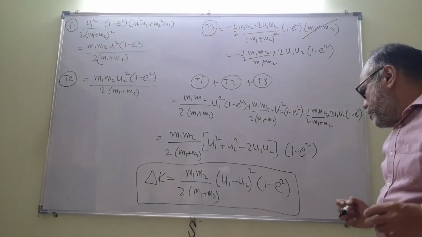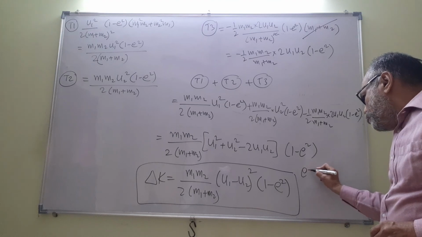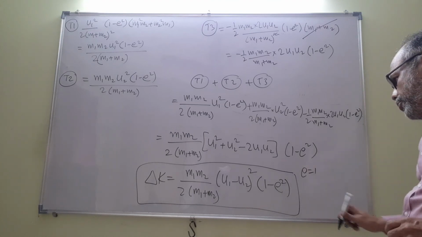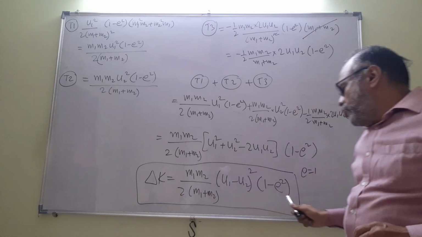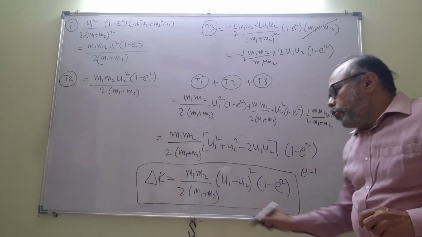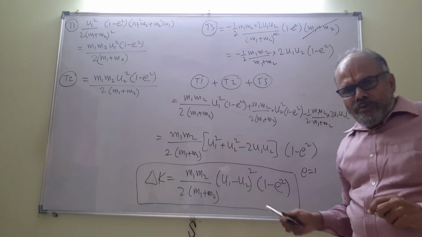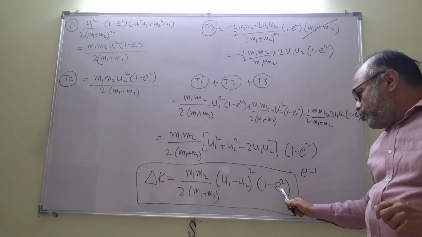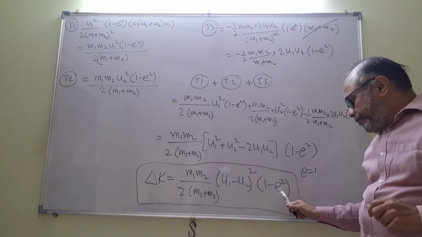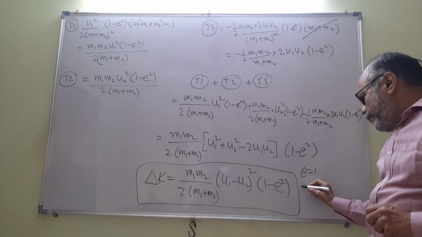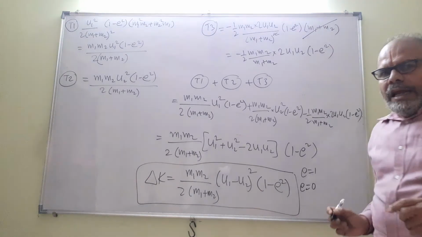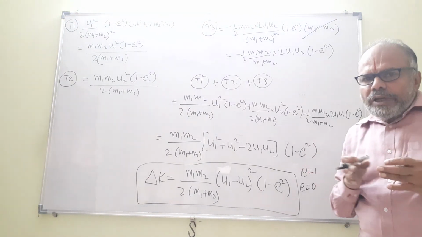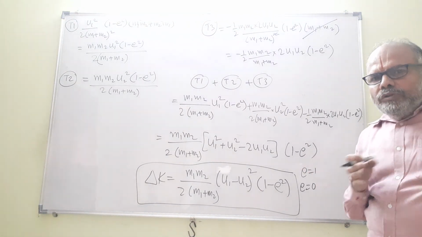As we can see, if e is 1, it is an elastic collision. So if we put e as 1, the loss in kinetic energy is 0. Now, the loss in kinetic energy is maximum when e is minimum because it is being subtracted. So when e is 0, the loss in kinetic energy is maximum. That is the case when the two bodies stick together after the collision and move with a common velocity.